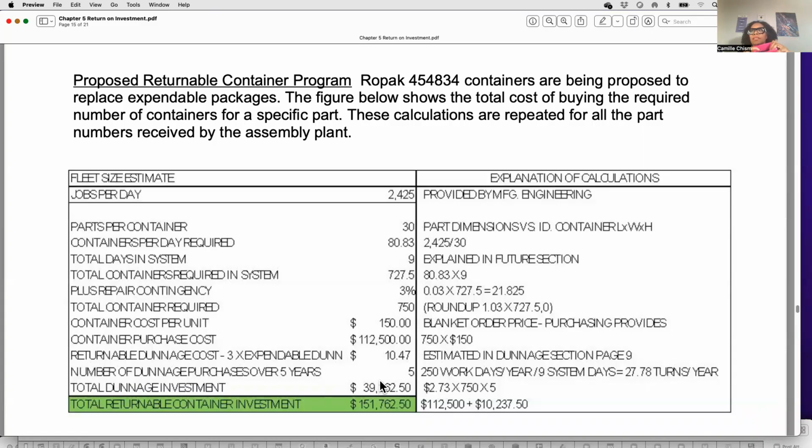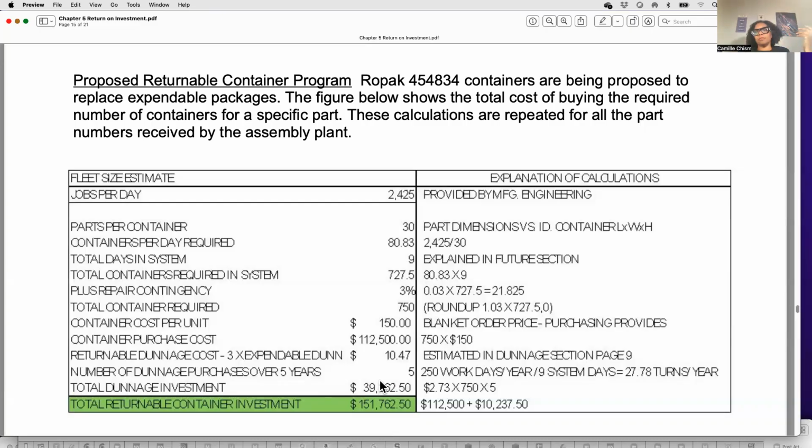What they're saying is they think that after probably a year this dunnage is going to have to be replaced. So they figure that for every returnable bin they buy, they're going to have to buy 5 of these through the life of that program. However you want to do it, that's what they're estimating, because even though it's returnable dunnage, it's not as durable as the bin itself.